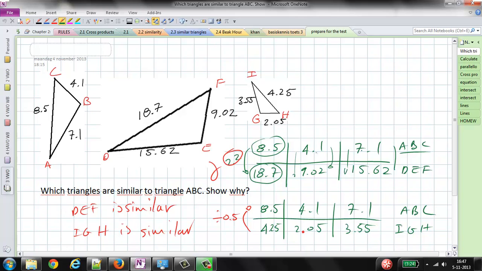Then you have similar triangles. So we do 2.2 times 4.1. What do we get? Well, we get 9.02, so it holds there. And then 7.1 times 2.2 is 15.62. It holds there as well. So that means that this one, DEF, is similar to ABC.